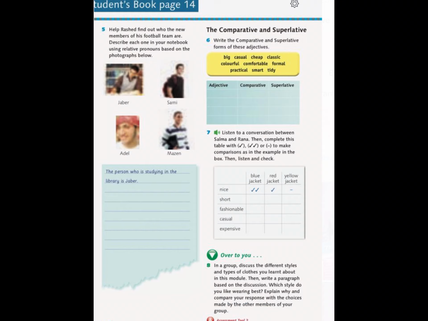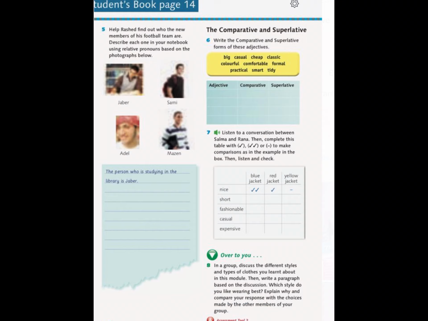For the superlative, we remove the Y for happy and we add I-E-S-T. So, adjective happy, comparative happier, I-E-R, superlative happiest, the happiest. That's for the two syllables ending in a Y.